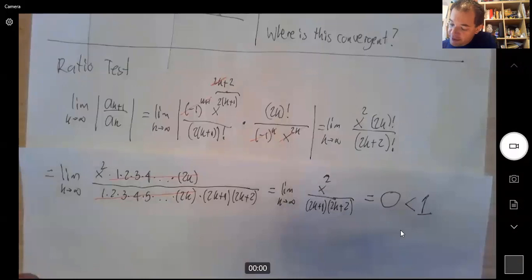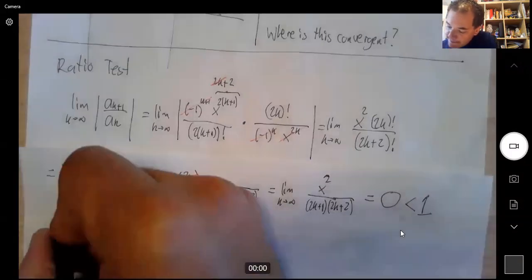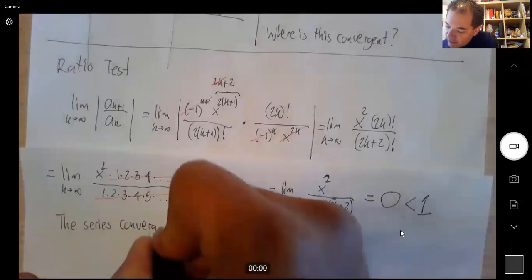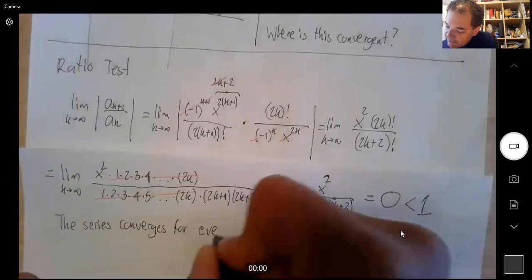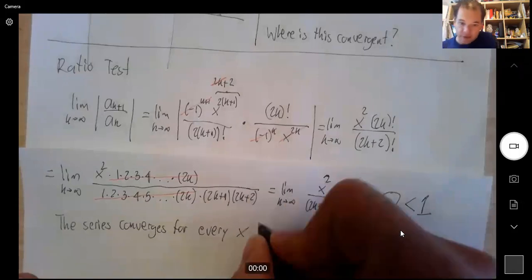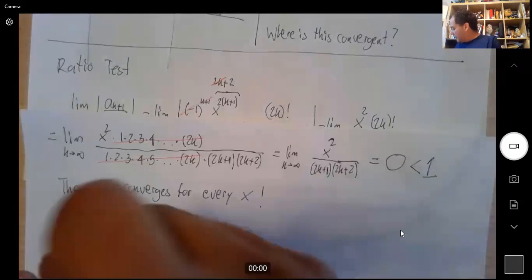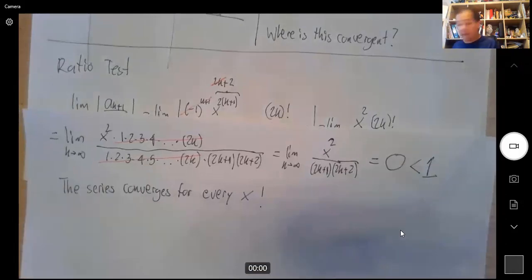So the answer is that the series is convergent for every x. So what is the interval of convergence? Well, the interval of convergence will be everything, right? From negative infinity to infinity.